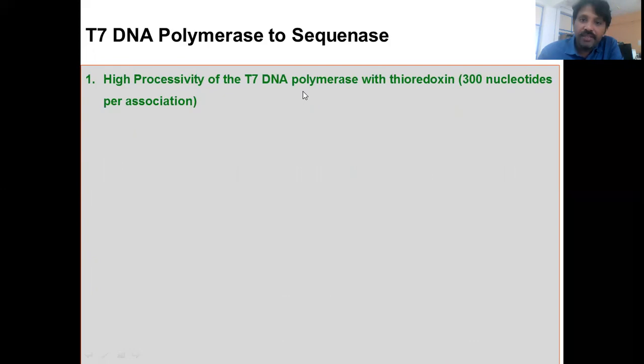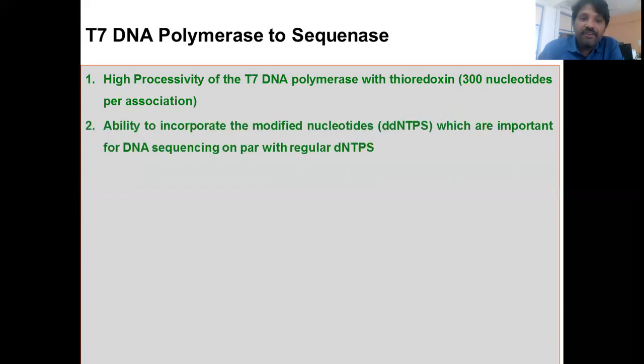High processivity of the T7 DNA polymerase with thioredoxin, that is 300 to 2000 nucleotides per association. And the second feature is the ability to incorporate modified nucleotides, which are important for DNA sequencing, on par with the regular dNTPs. It can add dNTPs or ddNTPs or any other modified nucleotides at the same rate.